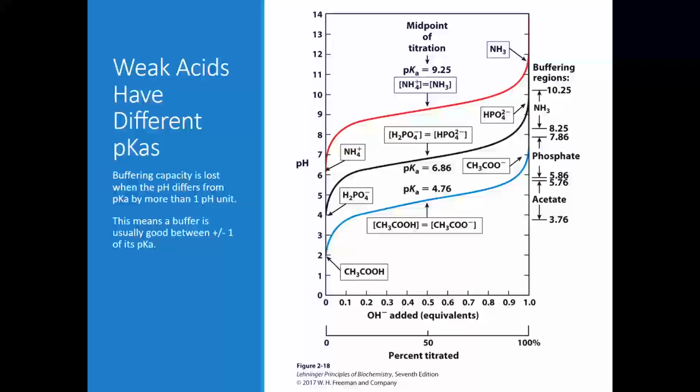So here again are some examples of different ion pairs, the acid and its conjugate base, the pKa of that particular pair, and so the buffering region for that particular acid-base pair. And again, remember, this is a region, so the best spot is when pKa equals the pH, but the general buffering region has a plus or minus of 1, where it still acts as a pretty good buffer.